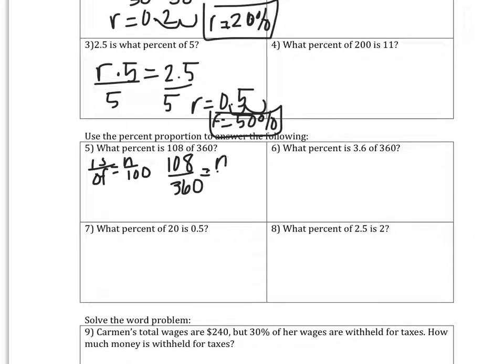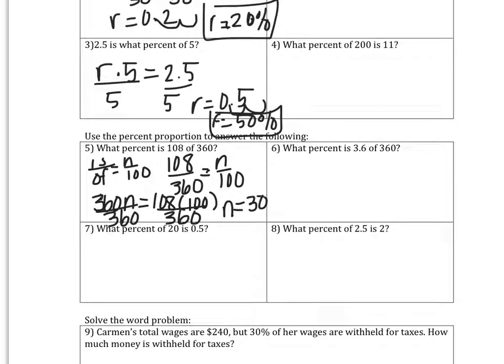What percent? Cross multiply and we get 360n equals 108 times 100. Divide both sides by 360, and we get n equals 30. So it's 30 over 100, which means n equals 30%.